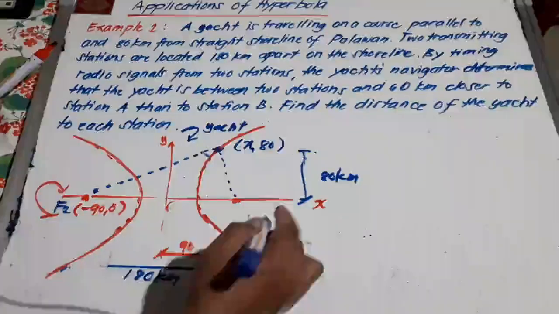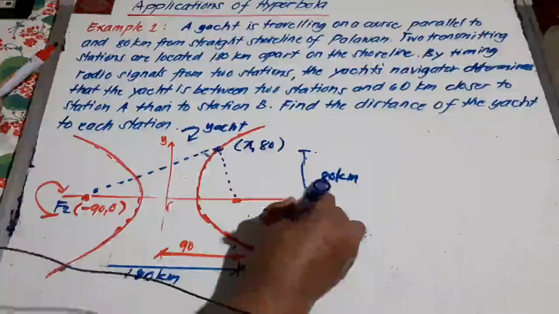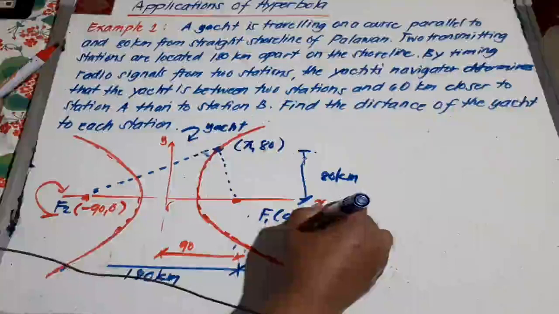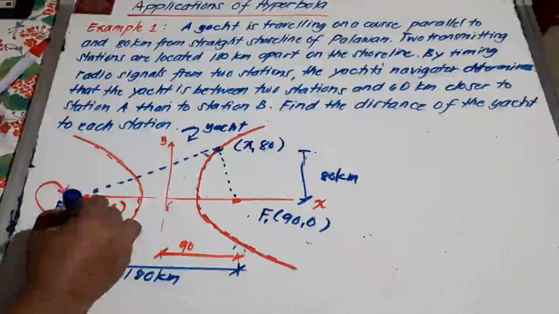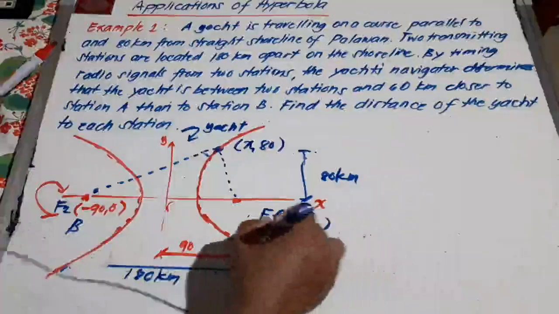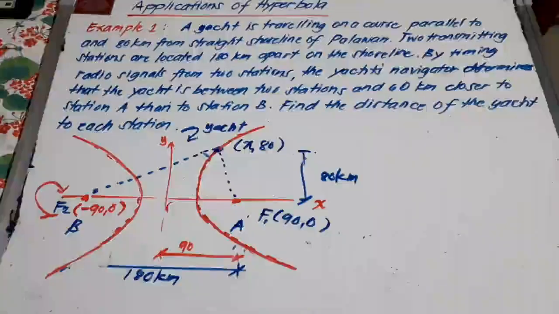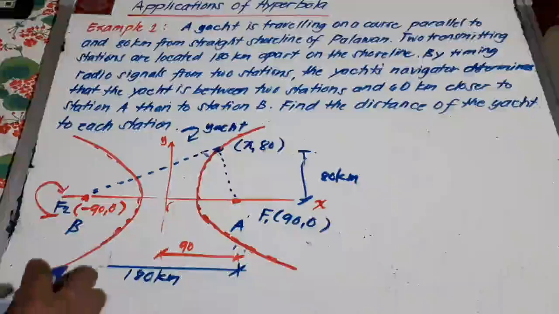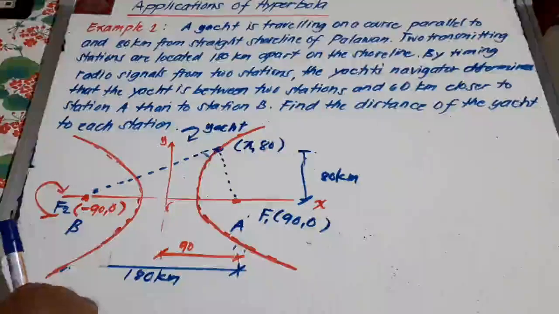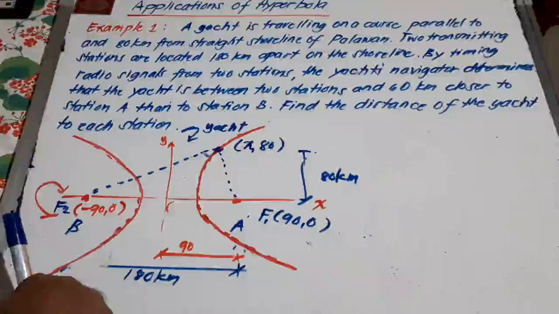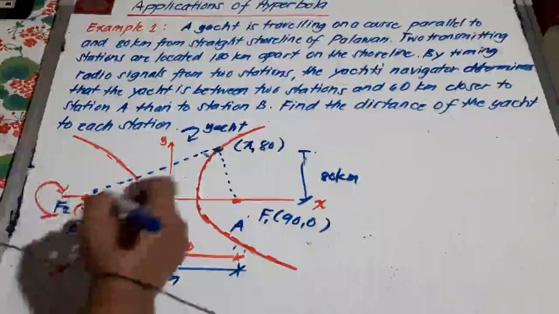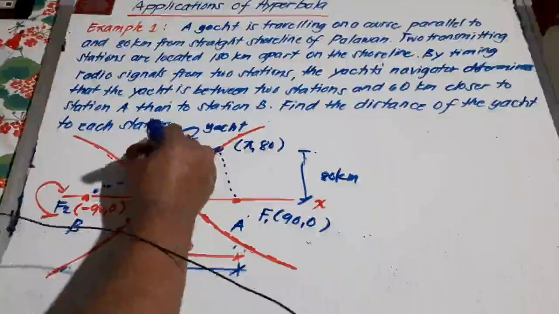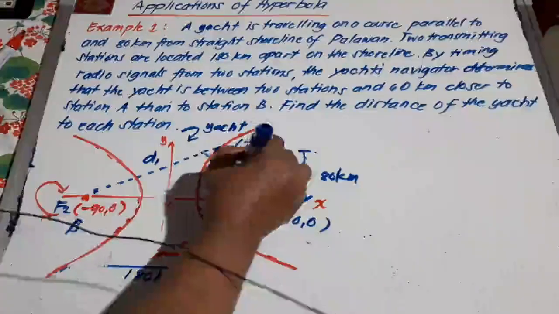So, alam natin itong focus 1, 90, 0. This is negative 90, 0. This is station B. This is station A. Okay? So, ang kailangan natin makuha ay yung distance of the yacht to station B and distance of the yacht to station A. So, ito sabihin natin yung D sub 1 and D sub 2. Okay?